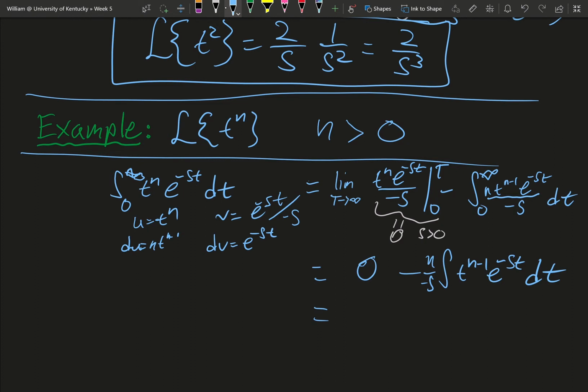And if I cancel that, I get n over s, and then this guy, t to the n minus 1 times e raised to the negative st power. Well, that's just the Laplace transform of t to the n minus 1. So we have that this is n over s times the Laplace transform of t to the n minus 1.